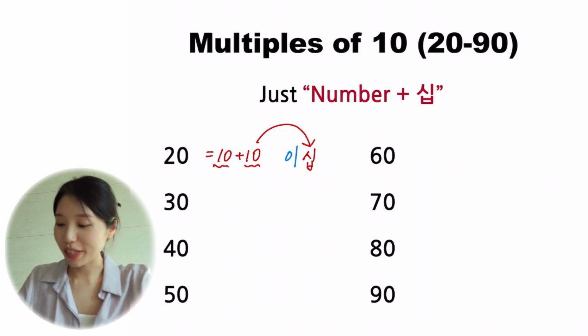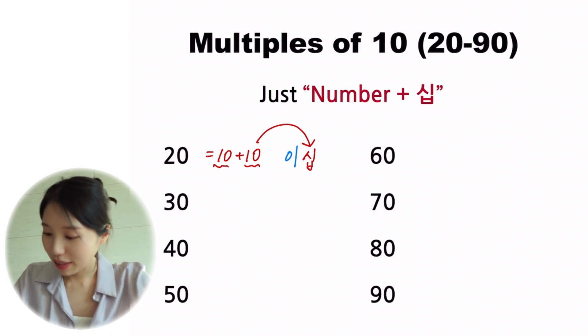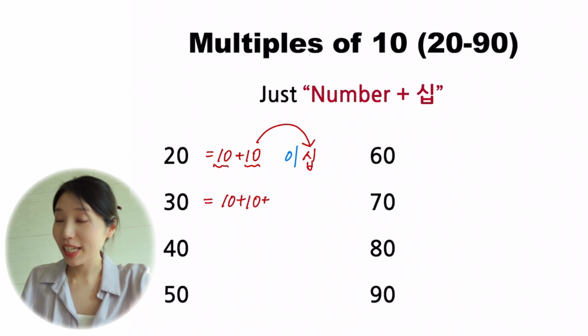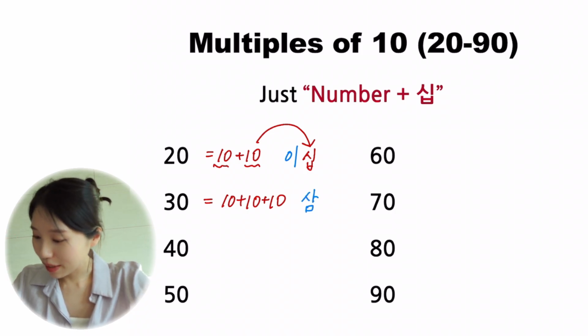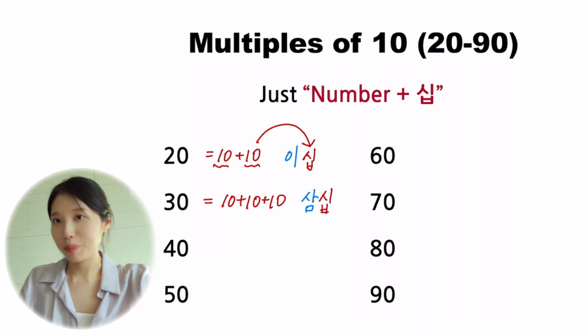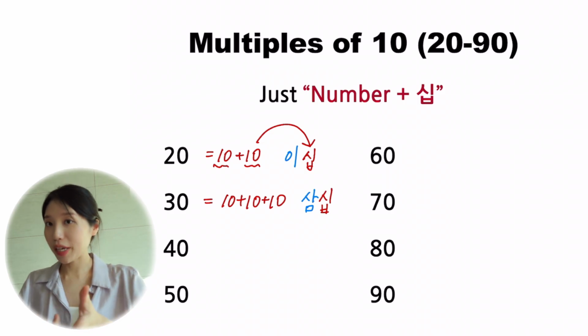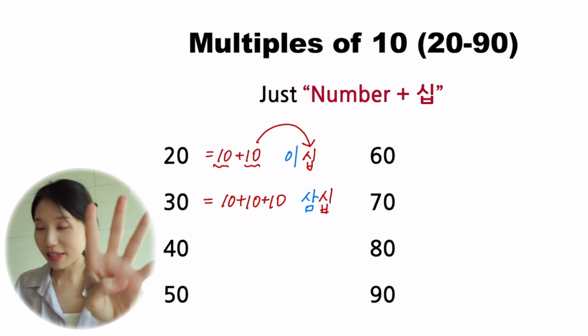Very simple, right? What about 30? There are 3 tens here, right? And what was 3 in Sino-Korean numbers? 일, 이, 삼, right? 삼. And 십, so just 삼십. 30, like that. So 40, there are 4 tens.